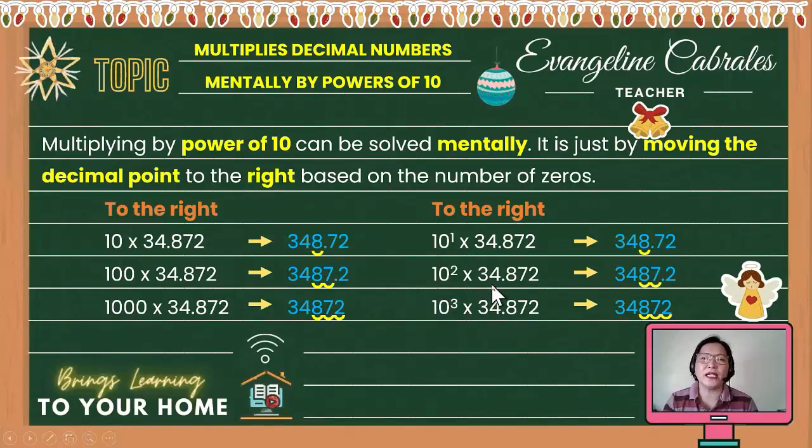So, ganyan ang gagawin kapag ang i-multiply ay 10, 100, and 1,000. O kahit maging 10,000 pa siya o 100,000, the same rule will apply. I-move ang decimal point to the right, depende sa bilang ng 0.